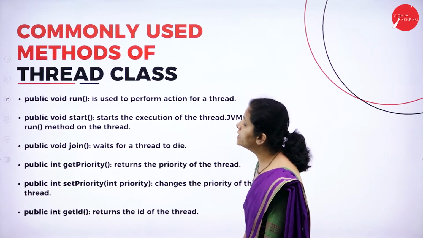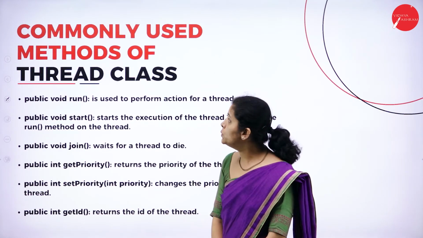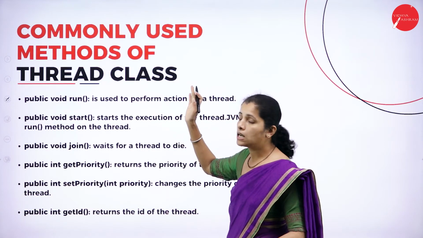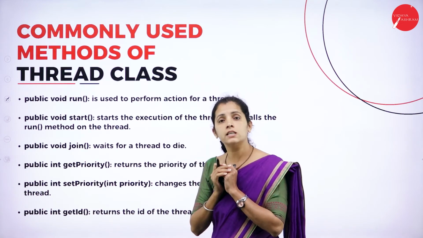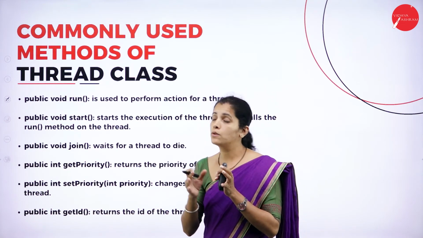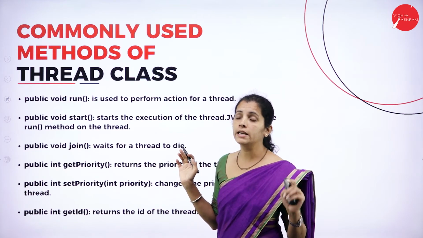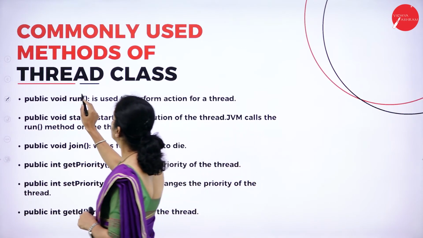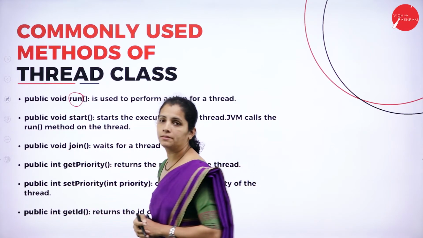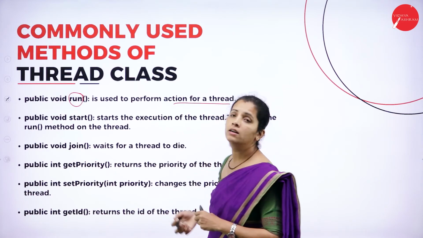So, dear student, next I'm going to cover the most commonly used thread classes. That means some of the methods present in the Java Thread class. The first is run. This run method is used to perform an action for the thread.